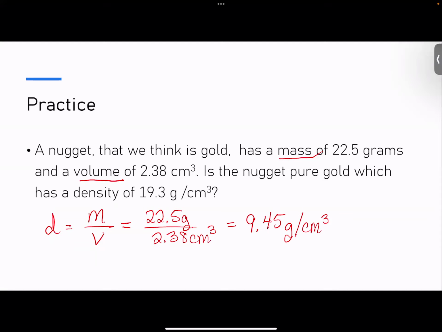So therefore, this is not pure gold, because it does not have a density equivalent to that of gold.